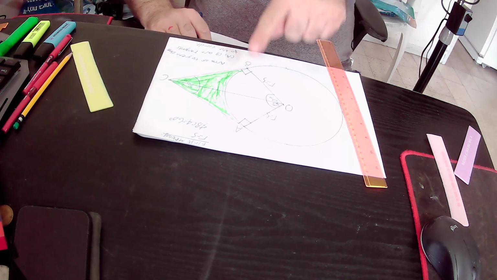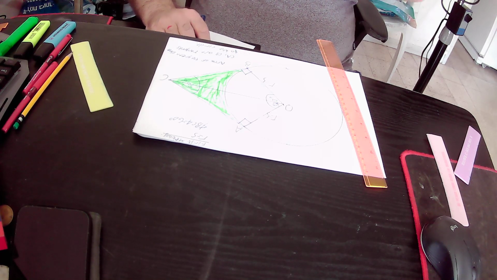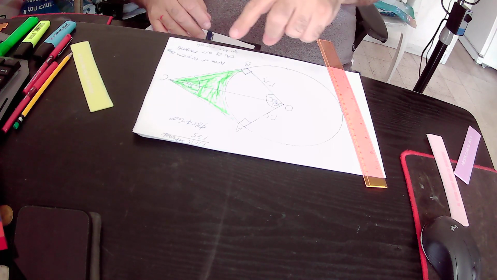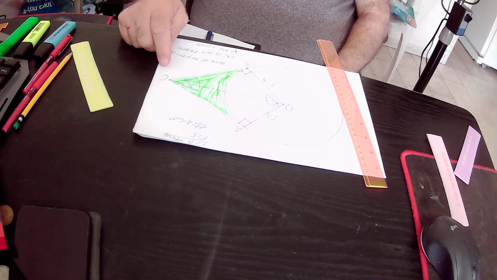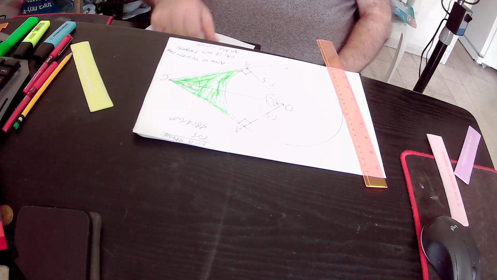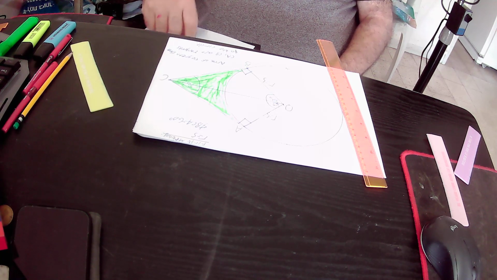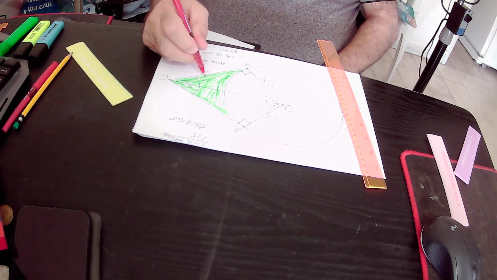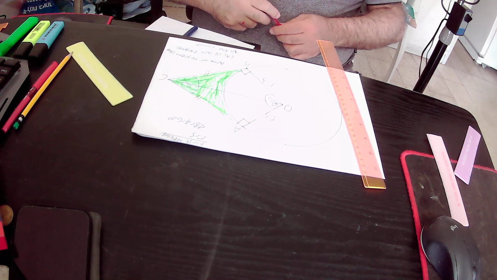CA is tangent to this circle at point A, CB is tangent to this circle at point B. So according to the two tangents theorem, those two tangents drawn from a common external point C will be equal to each other in their sizes. That is to say, BC equals AC.